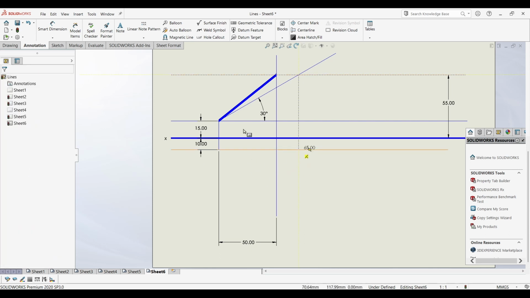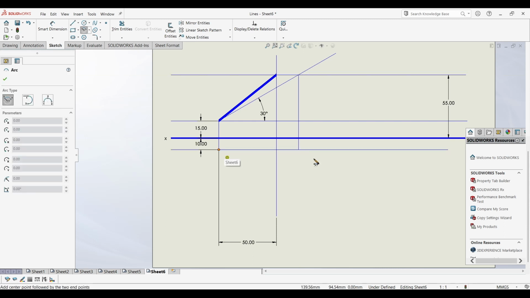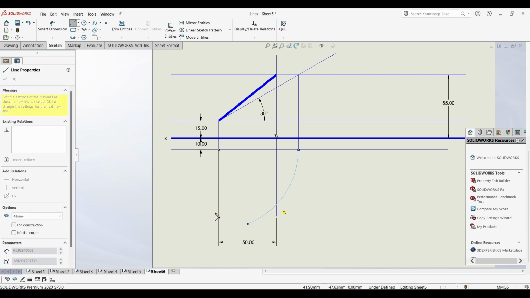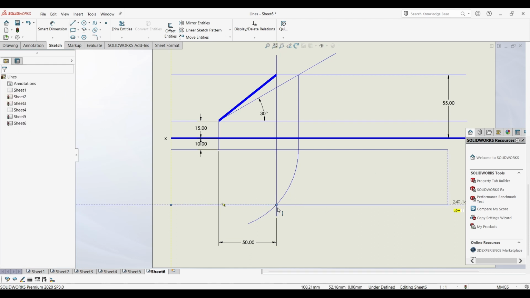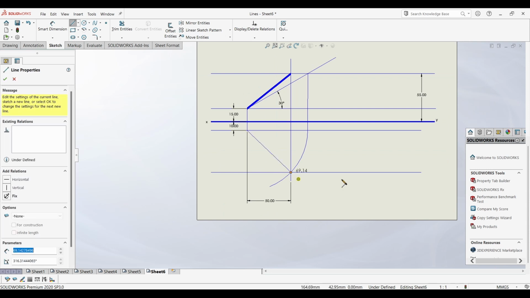And from here, cut an arc as usual. From here to here and cut an arc. So it is intersecting here. I've got the locus of B. So from there till here, locus of B I've done. After doing locus of B, I will join this line from this point to this point.